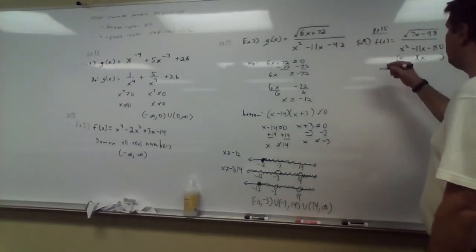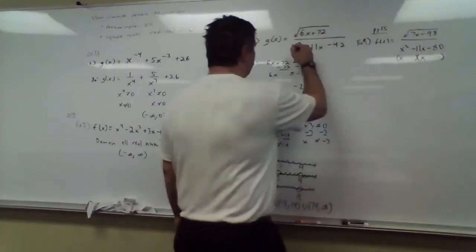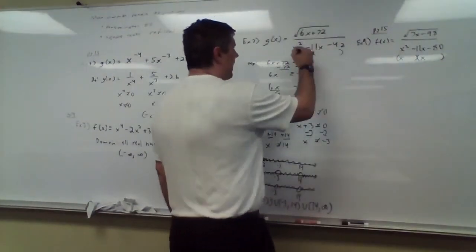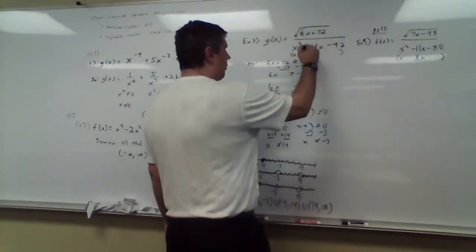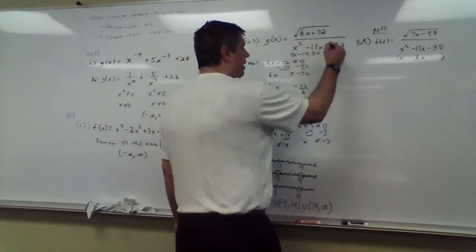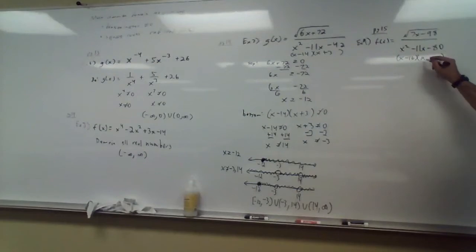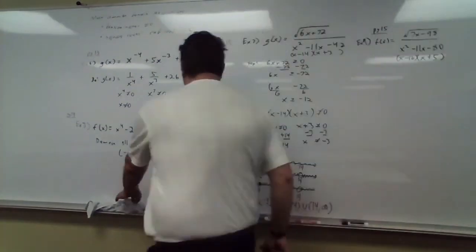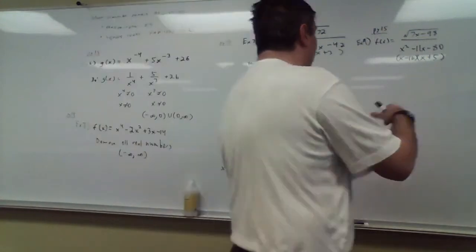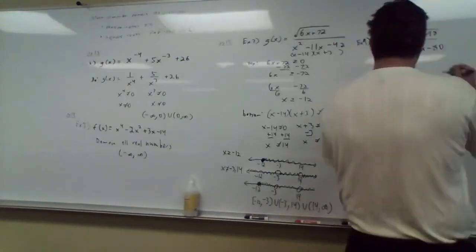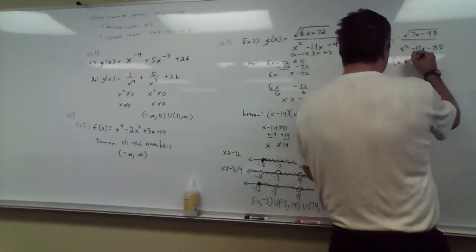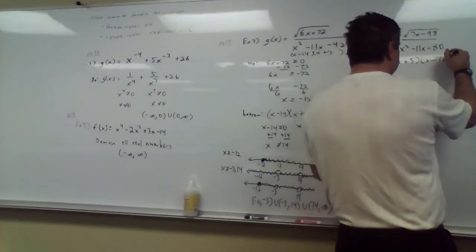Well, I suppose I could have done it as well here. x, negative 14, positive 3. Okay, this would be negative 16, positive 5. Okay? Let me go ahead and write that more legibly. x plus 5, x minus 16.